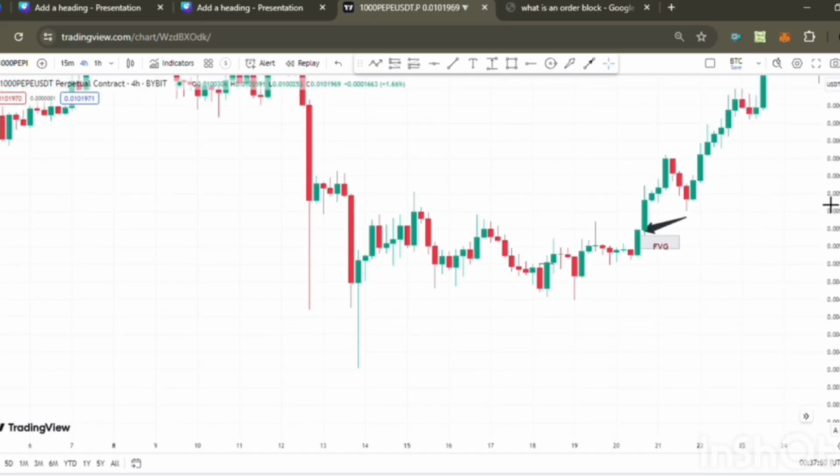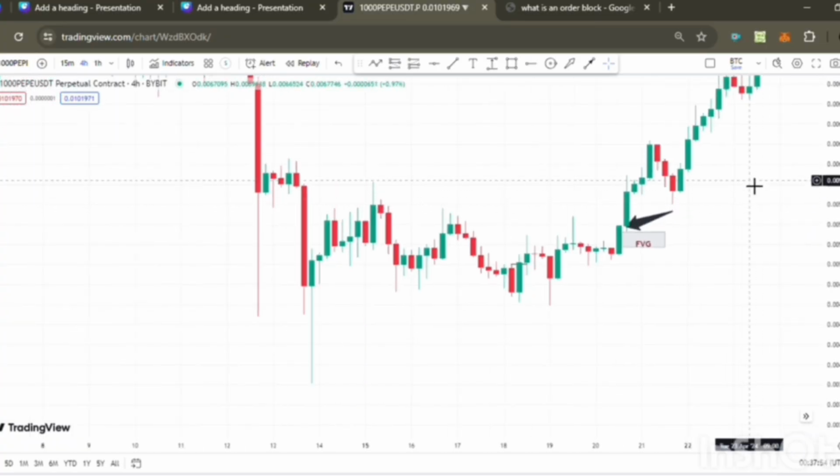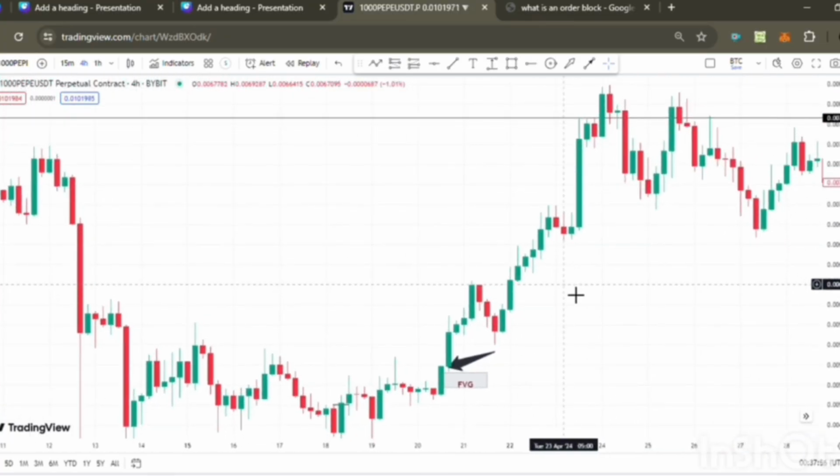This is where the market will be telling us whether it will continue its directional movement, either upward or downward, or make a change of character, which indicates a possible reversal movement. That is change of character.